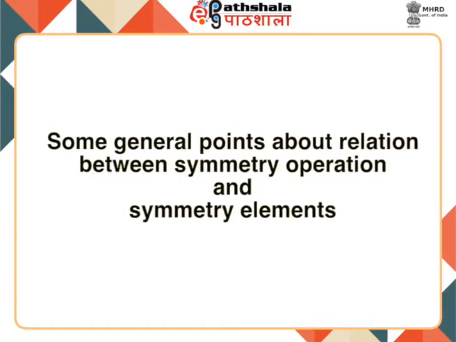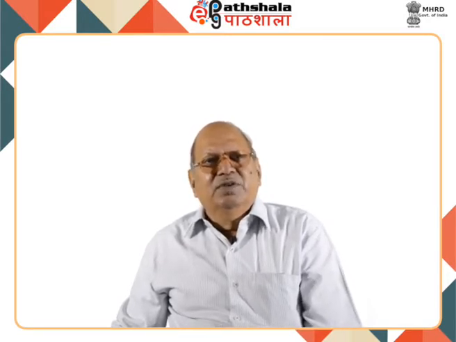Some general points about the relation between symmetry operations and symmetry elements can be cited like this. Rotation can be created by combining reflections, but reflection cannot be created by proper rotation. A Cn axis and one perpendicular C2 axis require the existence of n C2 axes perpendicular to the Cn axis. The product of two proper rotations must be a proper rotation.